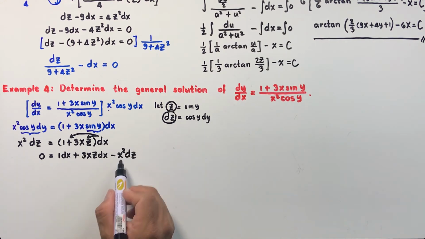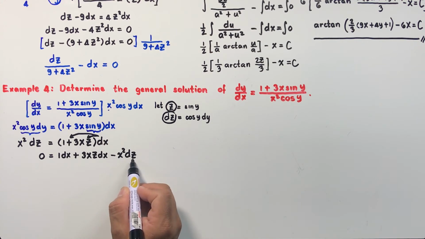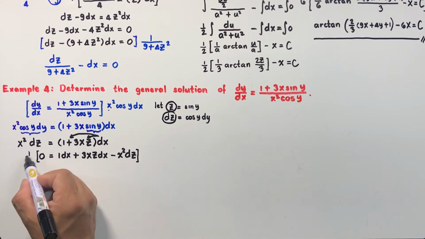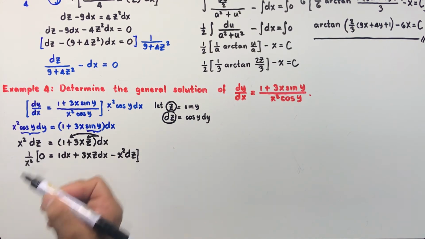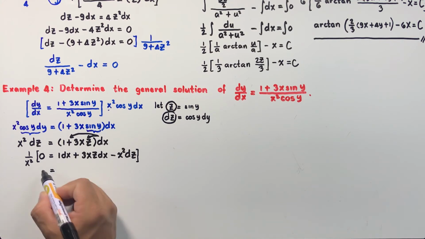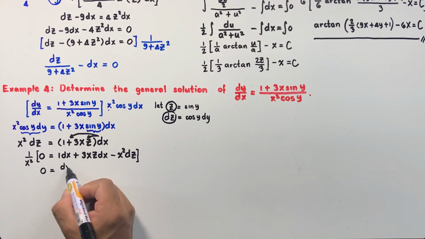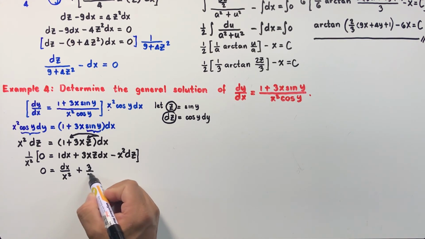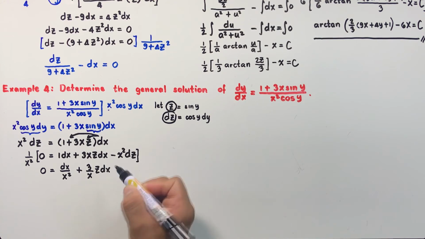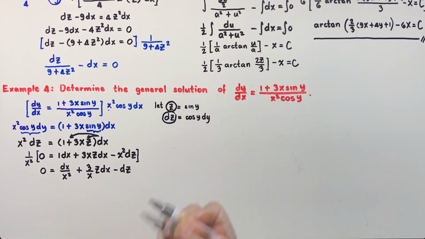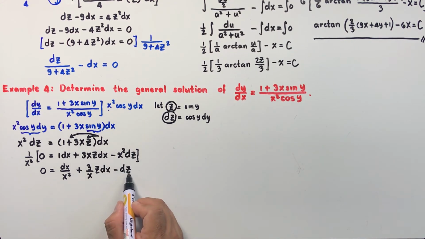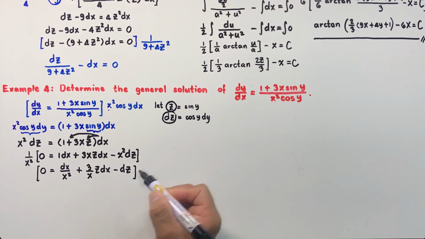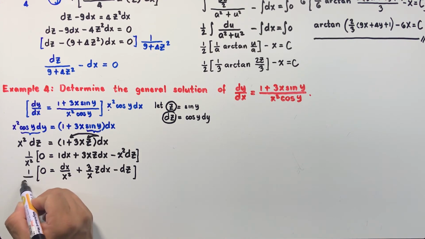And eliminating this x squared, because this is dz here, we multiply both sides of the equation by 1 over x squared. So we have 0, which is equal to dx over x squared plus 3 over x z dx minus dz here. And forming the derivative of z with respect to x, we need to multiply both sides of the equation by 1 over dx here.